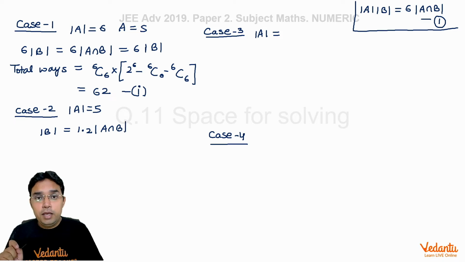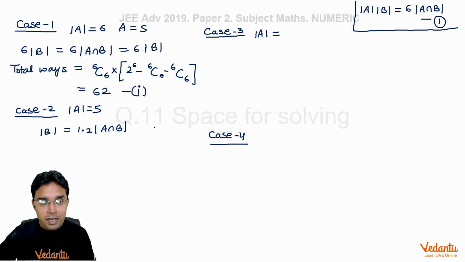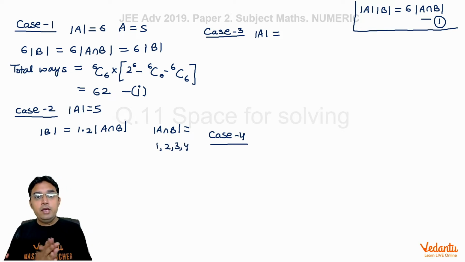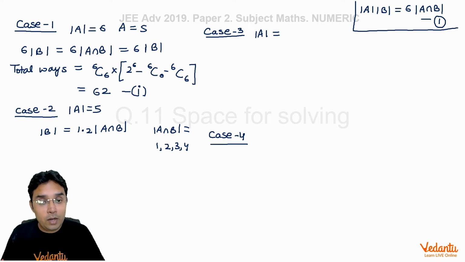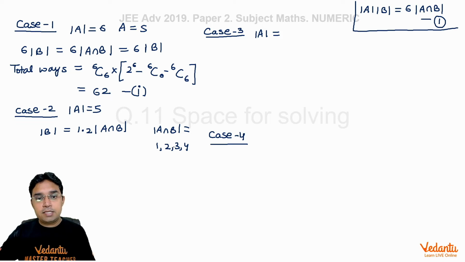Now because A has 5 elements and B is a smaller set, this A intersection B can have values either 1 or 2 or 3 or 4. It cannot have 5 because A and B then become equal. So these are the 4 possibilities. But if you notice here, even if I take A intersection B as 1 or 2 or 3 or 4, in all scenarios this value comes out to be non-integer.